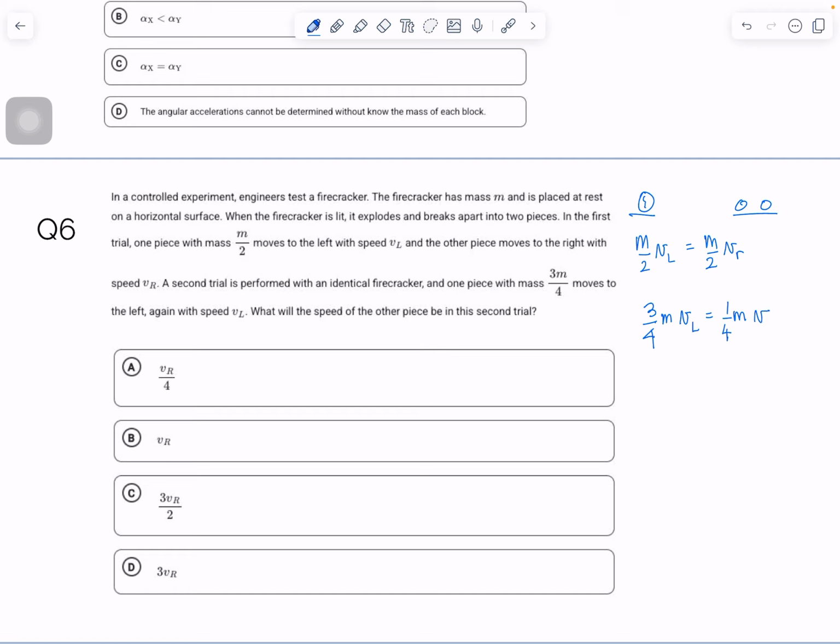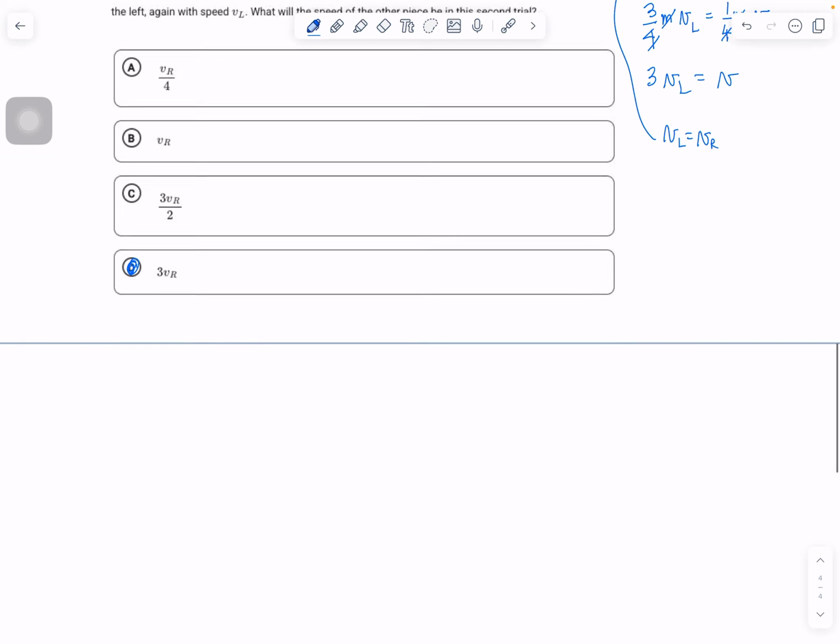So I'm solving for V, so I'm going to divide both sides by M, those cancel, multiply both sides by 4, so those cancel, so I have 3 times VL is equal to V. And I know that VL is equal to VR from this top part. Again, I would not put the arrow on my work, and so that means V is equal to 3 times VR. All right, that's it.